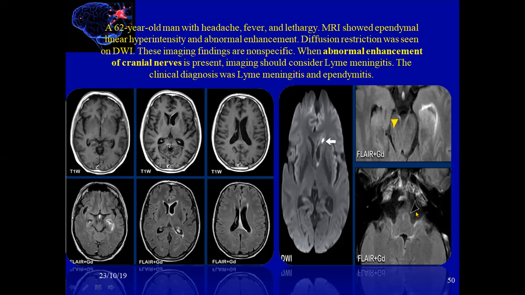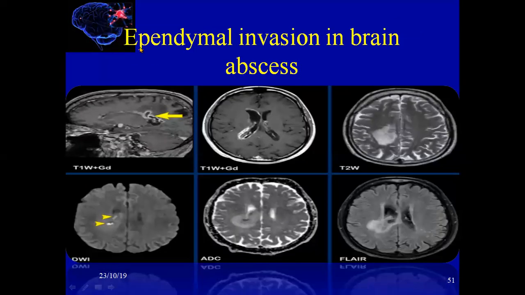The image should make us consider Lyme meningitis. The clinical diagnosis was Lyme meningitis and ependymitis. Here is ependymal invasion in a brain abscess. This is the brain abscess, which invades the ependyma of the ventricular system.